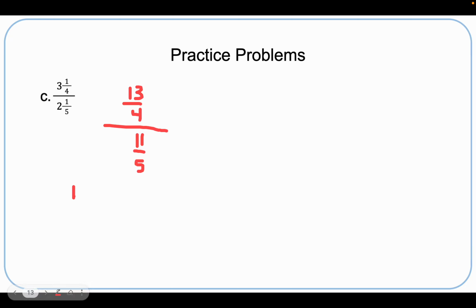So this is actually going to be 13 fourths times 5 elevenths. And there is no cancellation that we can do here. So we'll just end up doing 13 times 5, which is 65, over 4 times 11, which is 44. So 65 over 44, final answer.